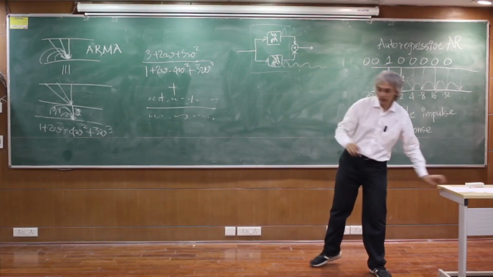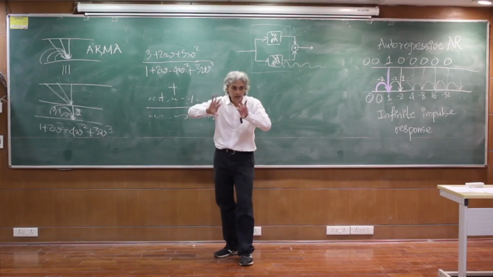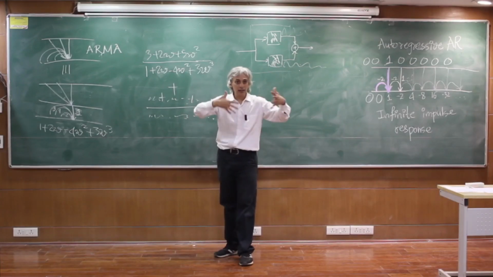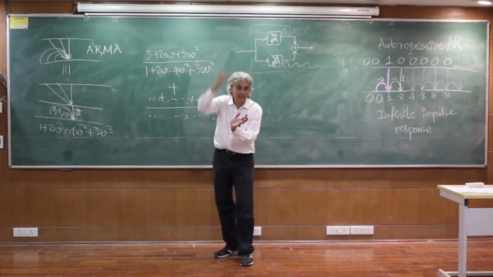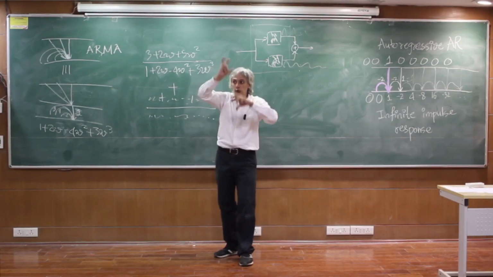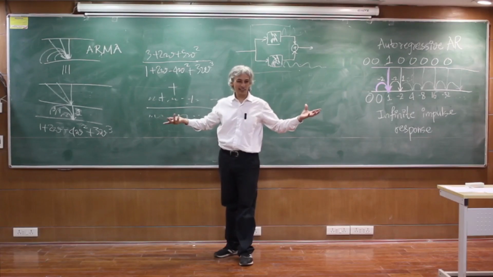So ARMA filters, the structure is closed under inverting and under parallel additions. It's also closed under cascading. If you cascade two ARMA filters, what will you get? You'll get an ARMA filter. How? It's the same as a multiple.